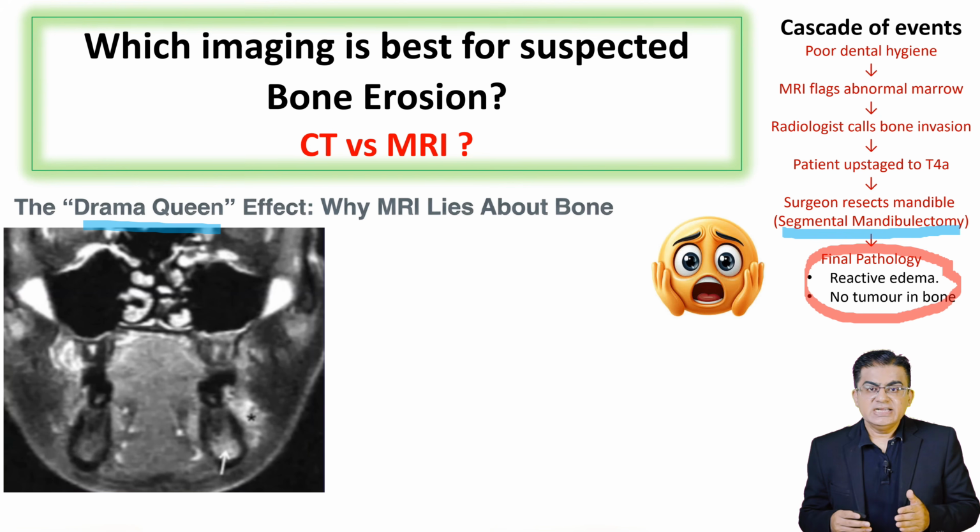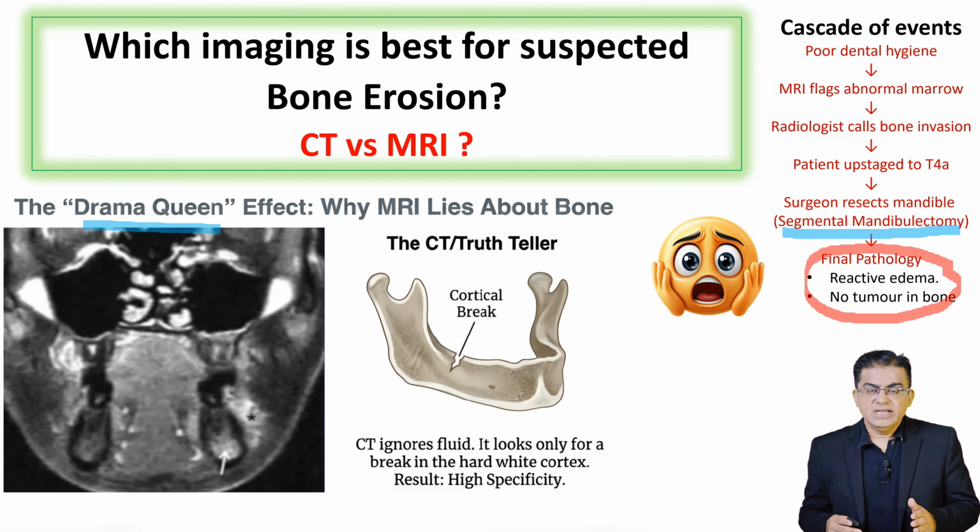A CT scan doesn't care about fluid. It completely ignores the edema. See here. It only looks for hard physical evidence, a literal physical break in the hard white cortex of the bone. Because it demands this hard evidence, it gives you that high specificity we talked about.